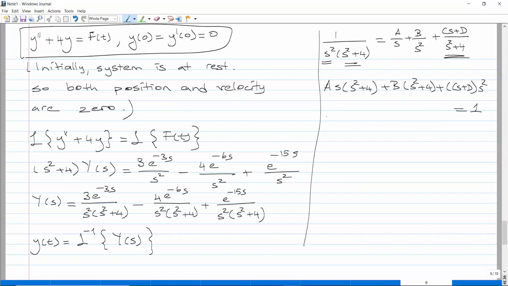So A s cubed plus (B plus D) s squared plus 4A s... anything else with s? This is s cubed and s, oh, I'm sorry, okay. Let's do this.